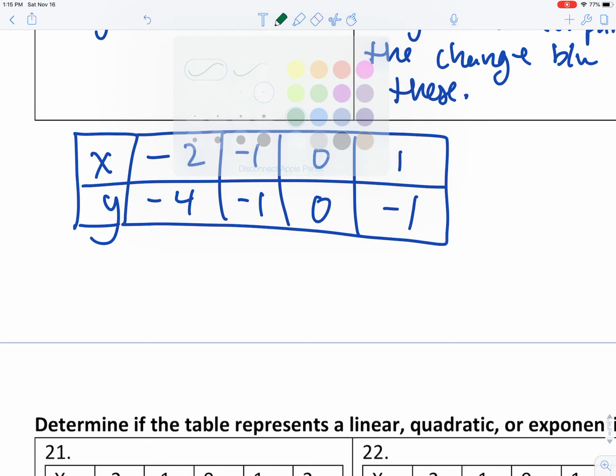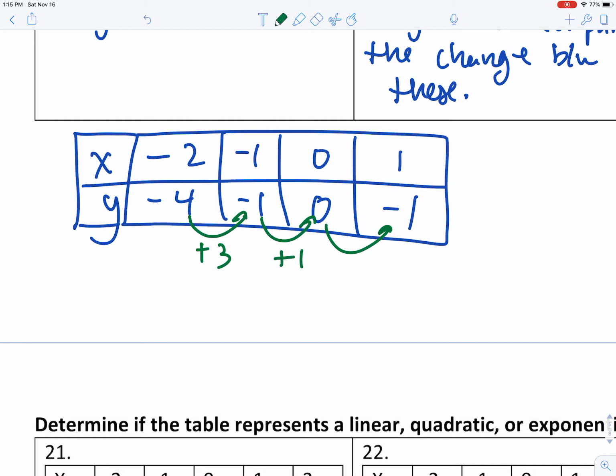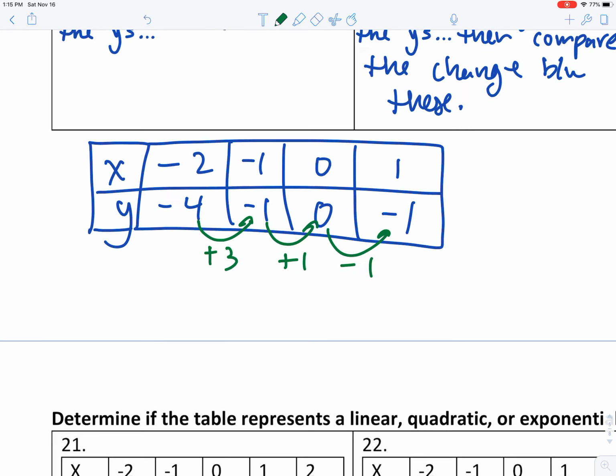If I look at the first difference between my y's here, negative 4 to negative 1 actually goes up 3. Negative 1 to 0 only goes up 1. And then 0 to negative 1 actually goes down 1 again. Okay? So this one would not be linear because they don't have a first common difference.